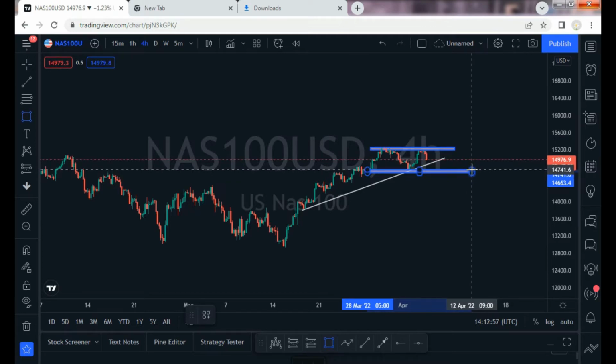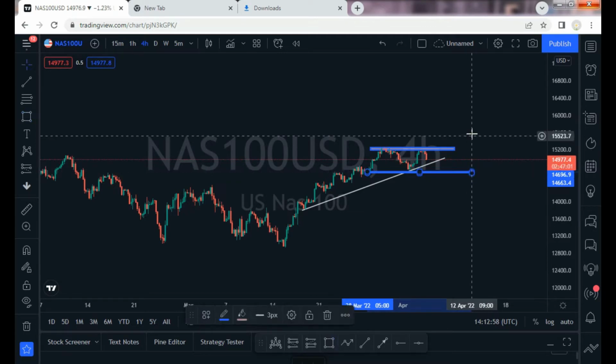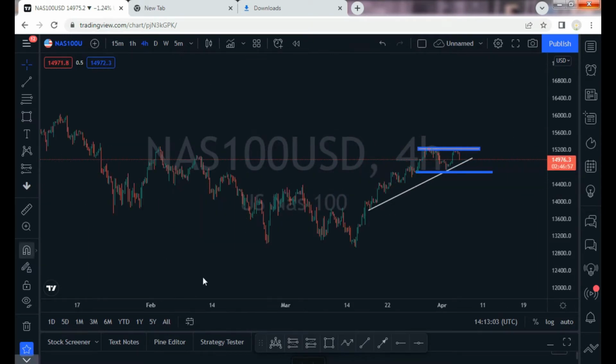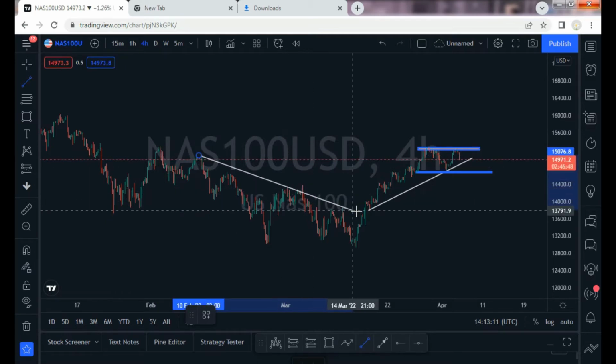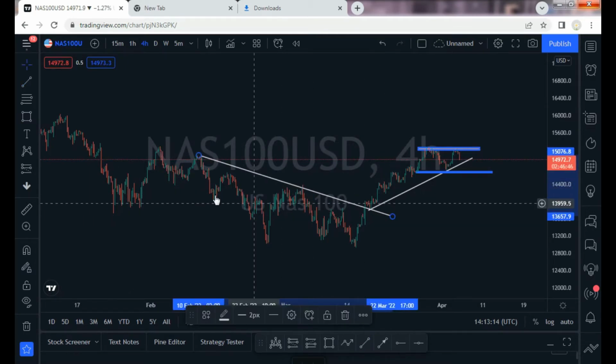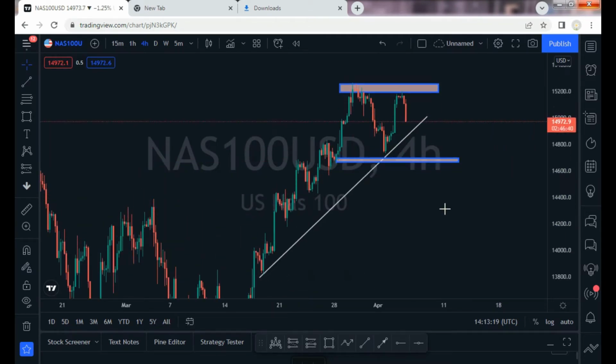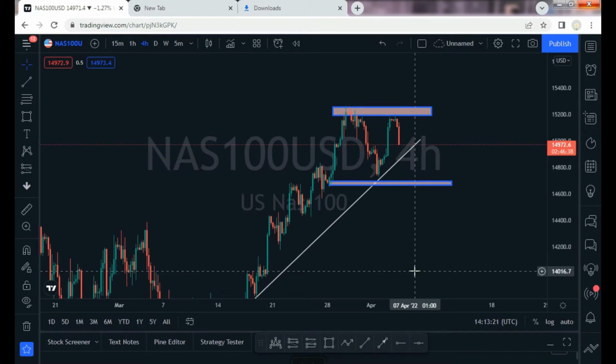Okay, so we'll just be dealing with this one for now. I don't think it's necessary to draw lines over here. We can see from this point that market was in a downtrend. I said this earlier on the daily time frame. Okay, so let's dive into the current market price.